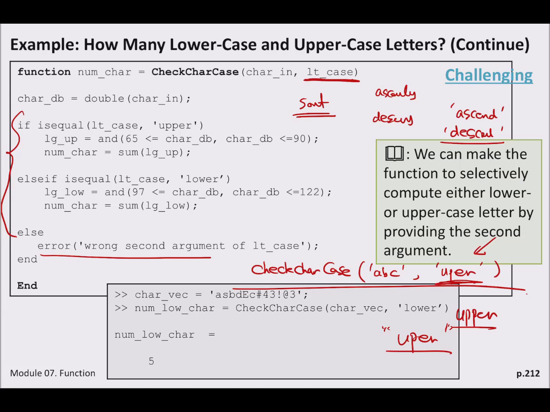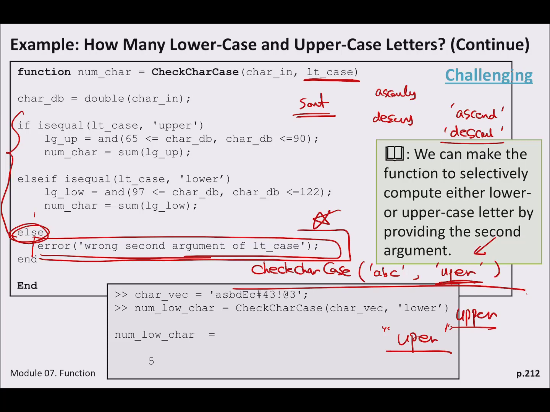So that is this function. What do we mean by else? If the letter case is neither upper nor lower, it produces this error message like this. Can you understand this logic? We already learned all this syntax, right?